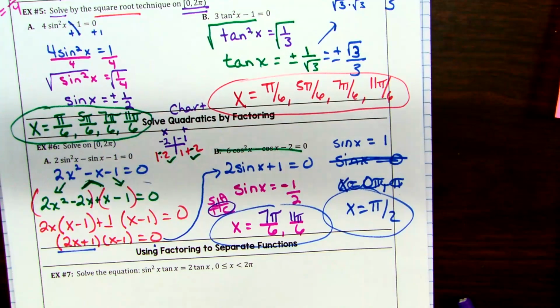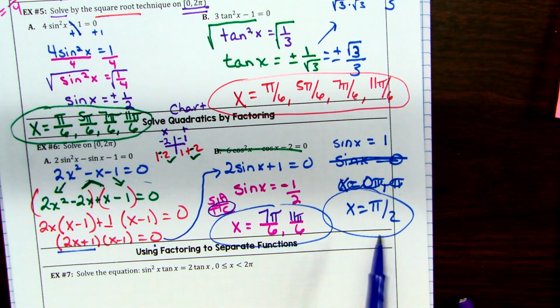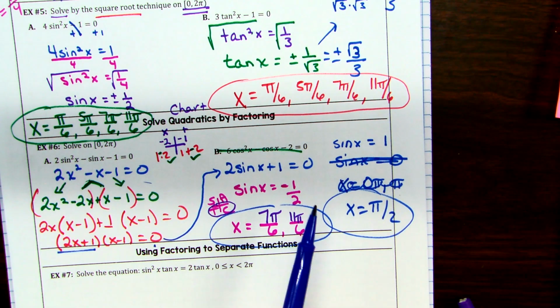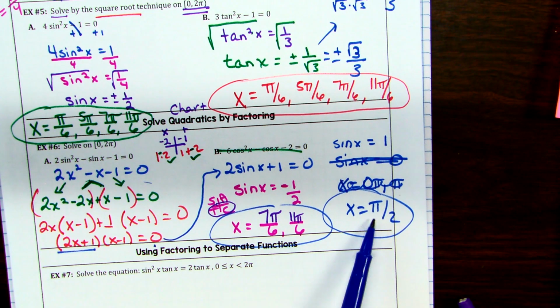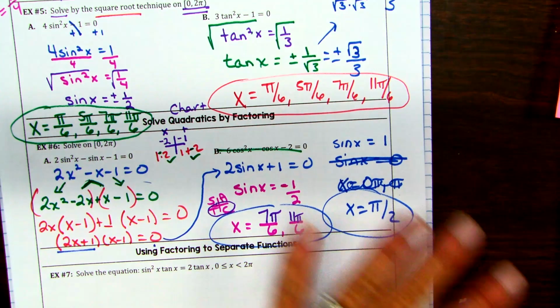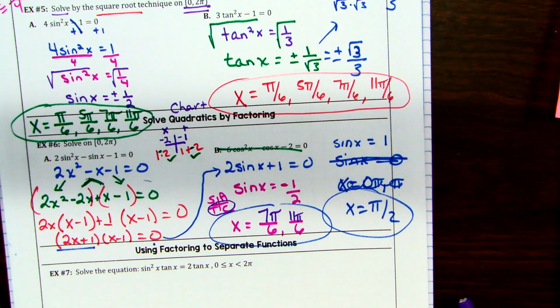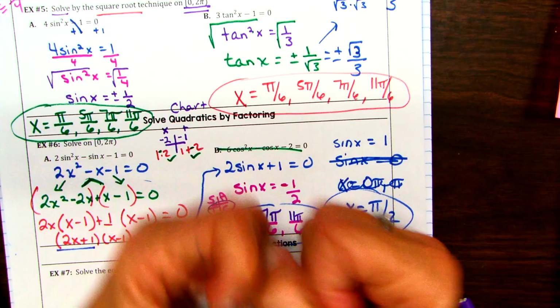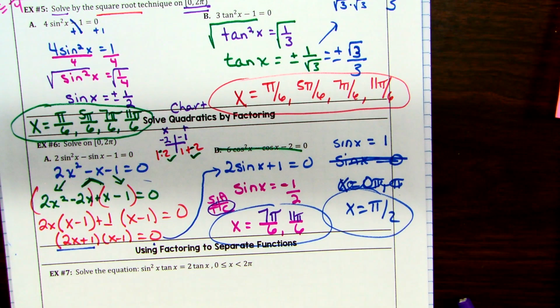Right, and I just want to remind you, for those of you that were here yesterday, we had a similar problem to this, where we got a pi over 2 in our answer, and we crossed it out and said it was extraneous. The reason why this one's not extraneous is because tan is not involved. There's no tan in here. Remember, anytime you're working with tan, you've got to be on your toes. If tan is in an equation, you'll never get a pi over 2 or a 3 pi over 2 as a solution.